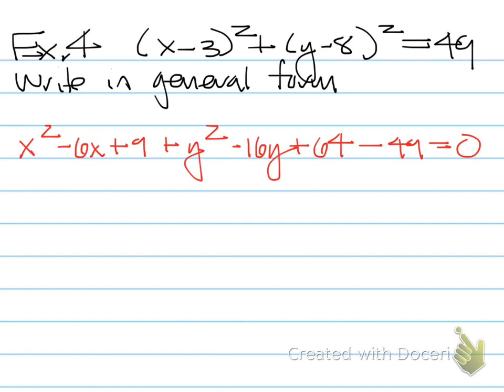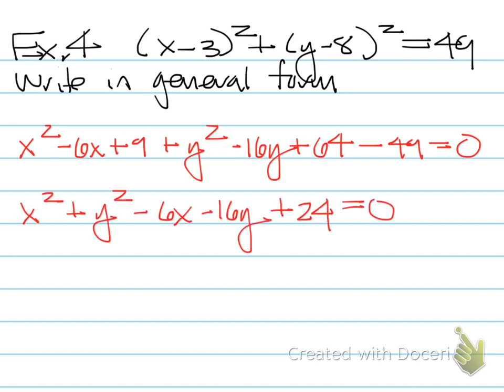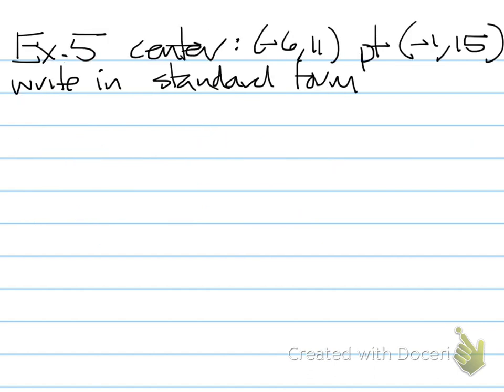Combine any like terms so that we've got constants that we can add. So we should have x squared plus y squared, and then minus 6x minus 16y, and then 9 plus 64 minus 49 is 24. And that is our equation written in general form.